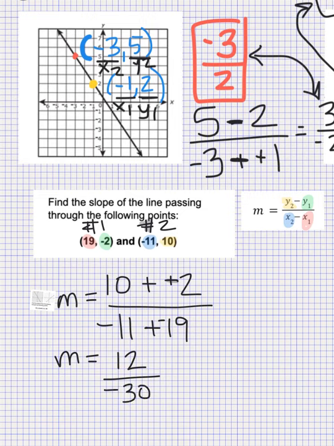This is a correct answer, but I want to simplify it. I know both of these values has a 2 in it, and as I look a little closer, I realize both of them also have a 6. So I'm going to divide both by 6 in order to get my simplified answer of 2 over -5. So my final answer is -2 over 5.